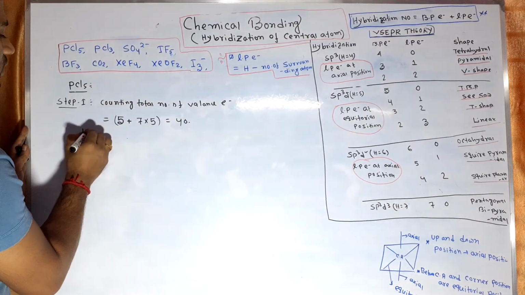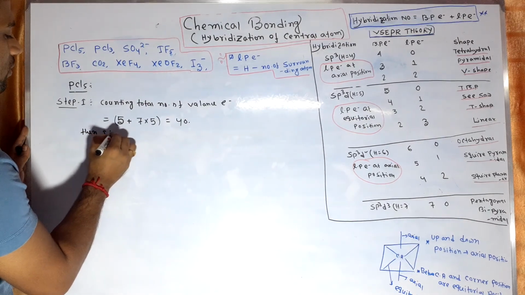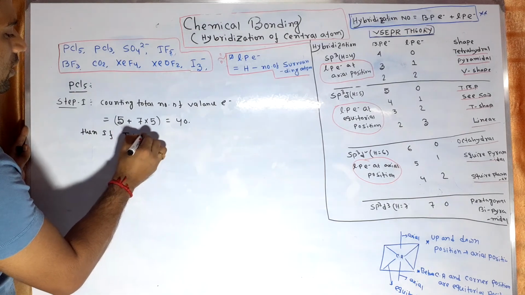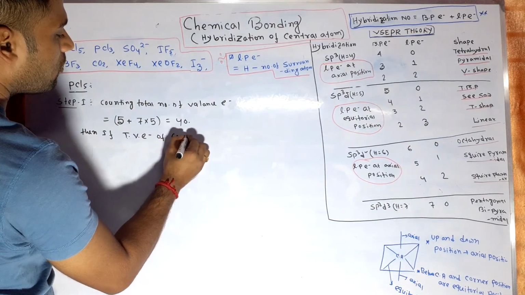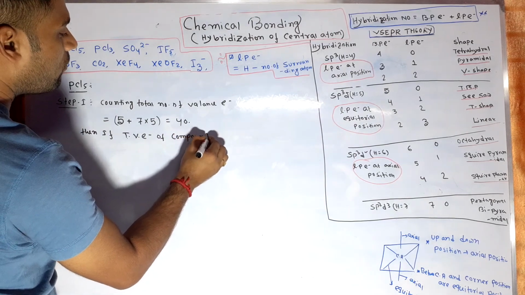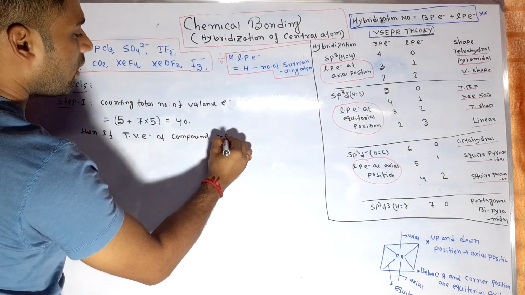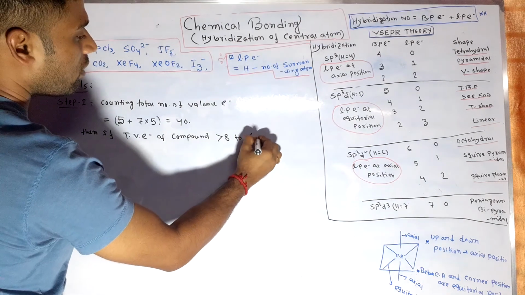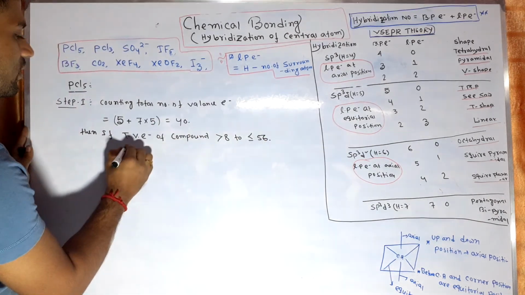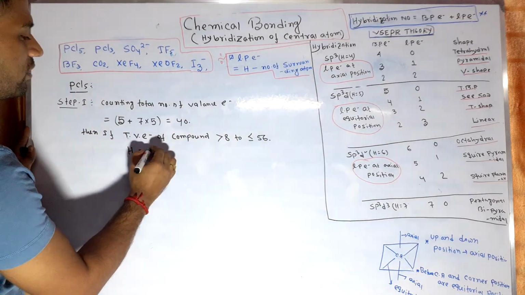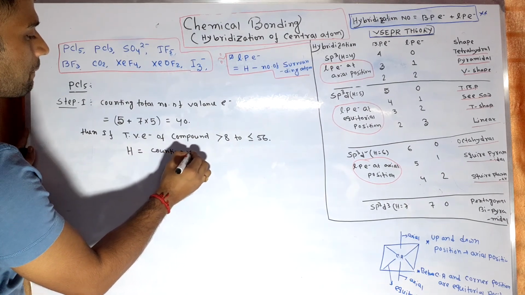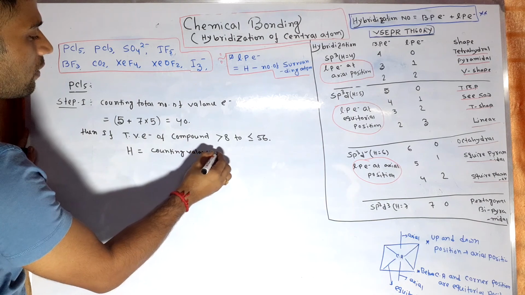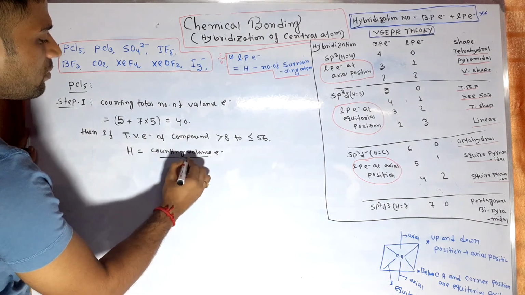Then the short trick: if T.V.E., that means total valence electron of the compound, is greater than 8 and less than or equal to 56, then hybridization is equal to counting valence electron minus 8 divided by 8.